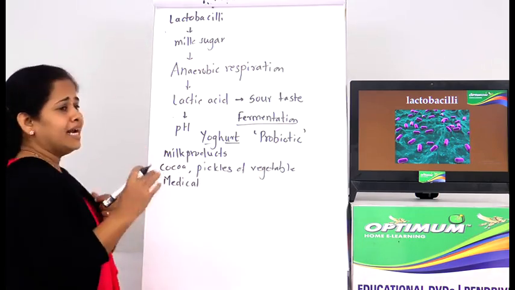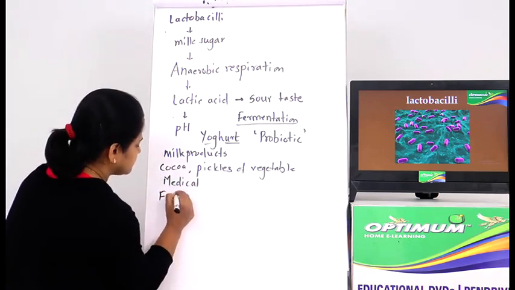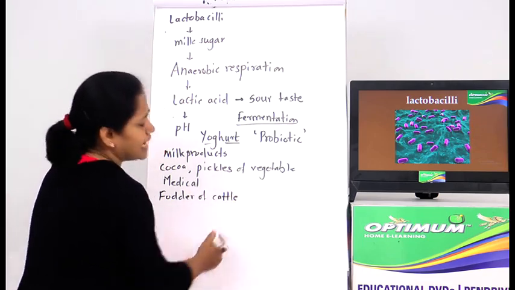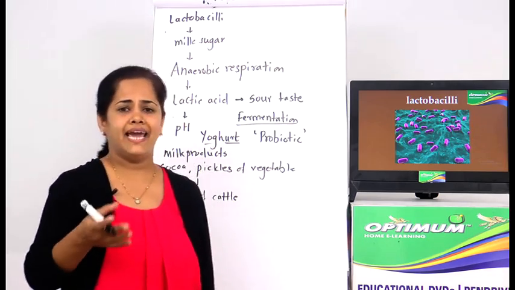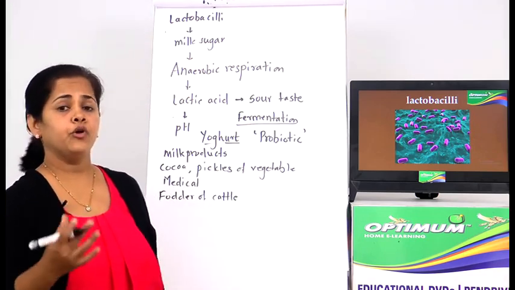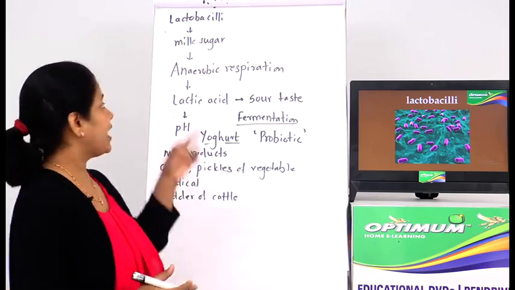One more important and little different use of lactobacillus is fodder for cattle. Now you know that cattle usually eat hay or dry grass, and that's how they fill themselves. But if you want to make their food more healthier, you can add lactobacillus.